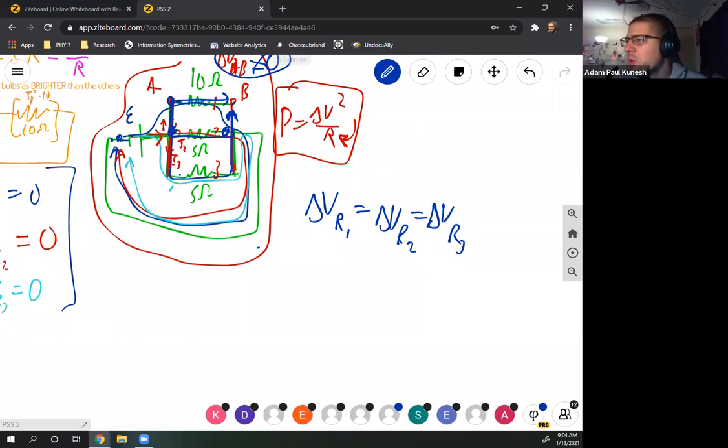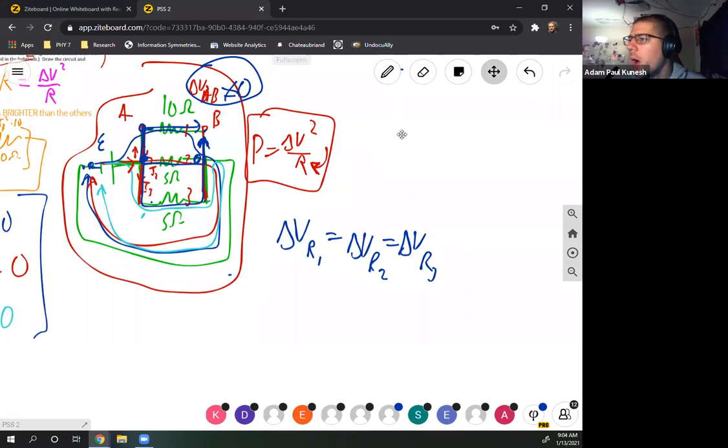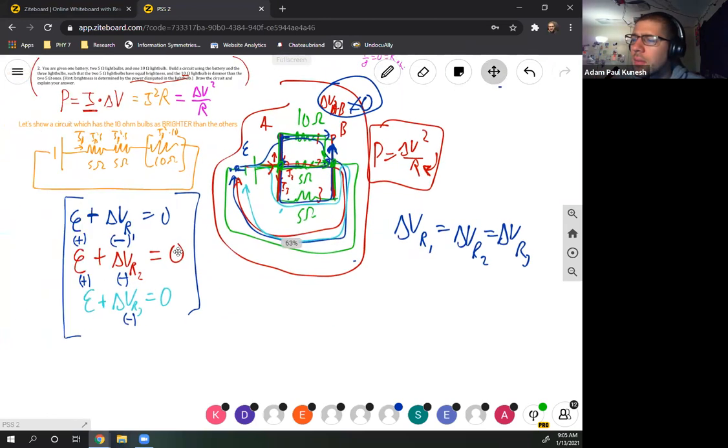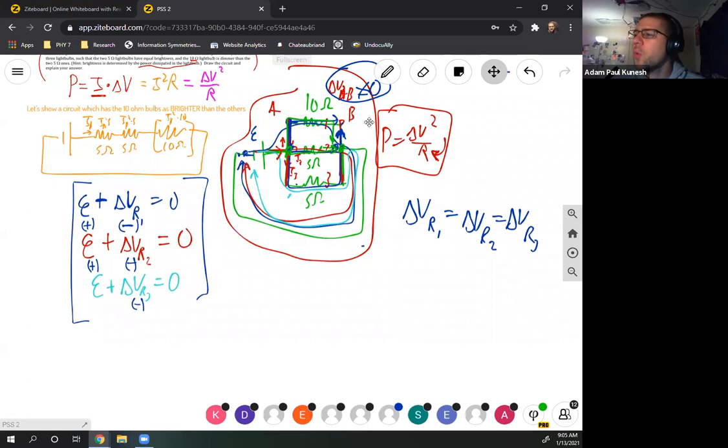So I'm appealing to a little bit more general of a principle, which is that regardless of the path that I take between 2 points, the change in voltage will always be the same. So voltage can't have multiple different values based on which path I choose to get there. It's equivalent to Kirchhoff's voltage law, but it's a little bit more general, and I think it's more useful.